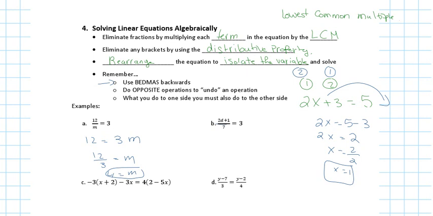Because the whole equation is divided by 7, I can bring it over to the other side as a multiplication. So I can get rid of that division and multiply 3 by 7, because the opposite of division is multiplication. So I have 2d plus 1 equals 21.